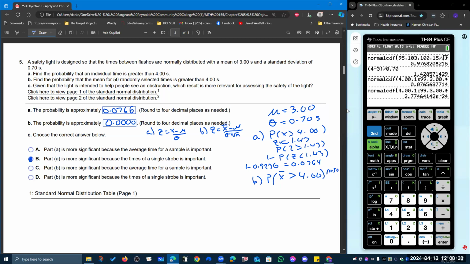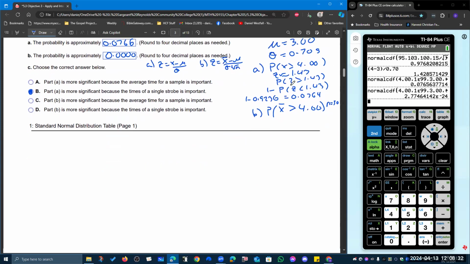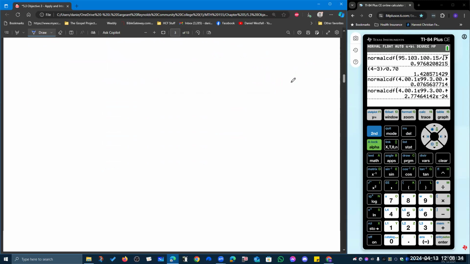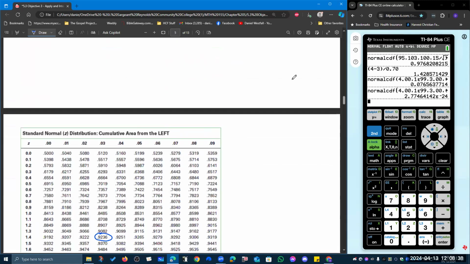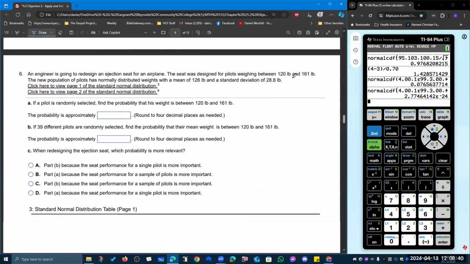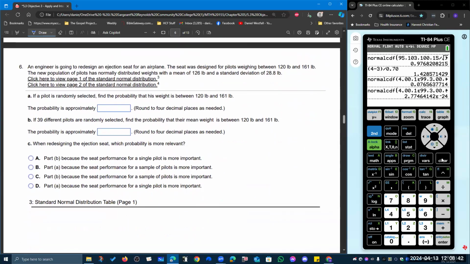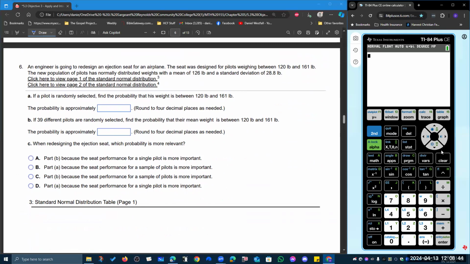Every single time someone needs to see that, they're not going to see the average of 50 flashes, they're going to see individual flashes, right? Let's just go ahead and keep using technology because I believe that is how we're going to get the answers that my labs expects here.